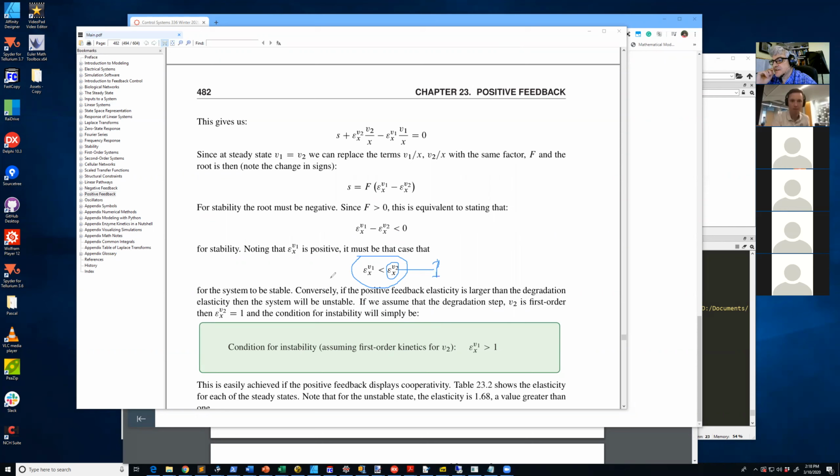And so this is then the condition for bi-stability. So long as the positive feedback is stronger than the degradation sensitivity, we'll have bi-stability. That's a very simple condition then. You okay with that?